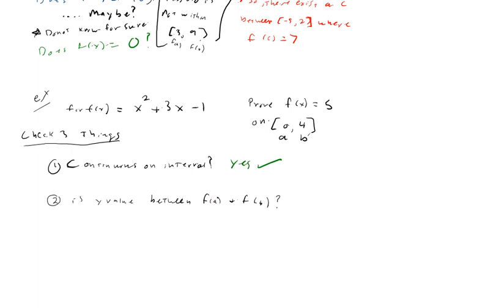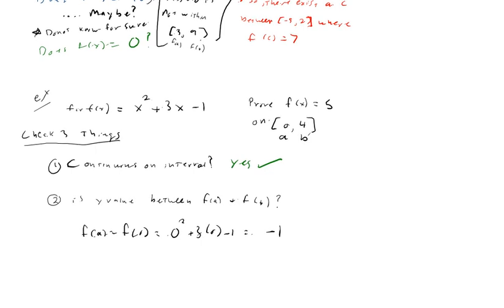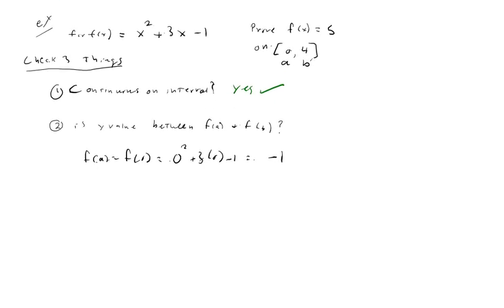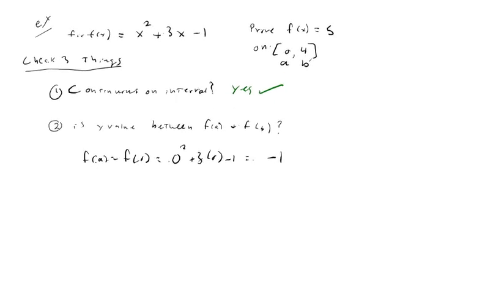F of a is f of 0, which is 0 squared plus 3 times 0 minus 1, and that's negative 1. So I plugged in my a value, got my f of a value.